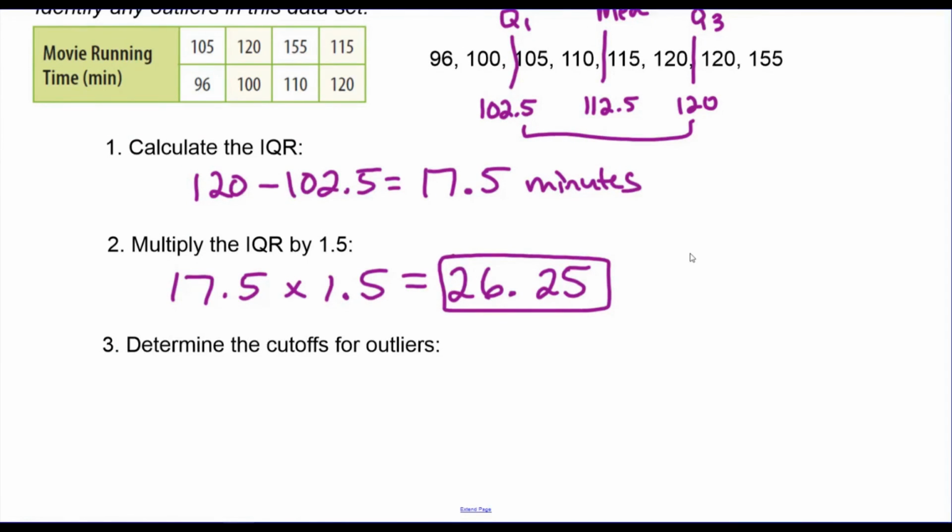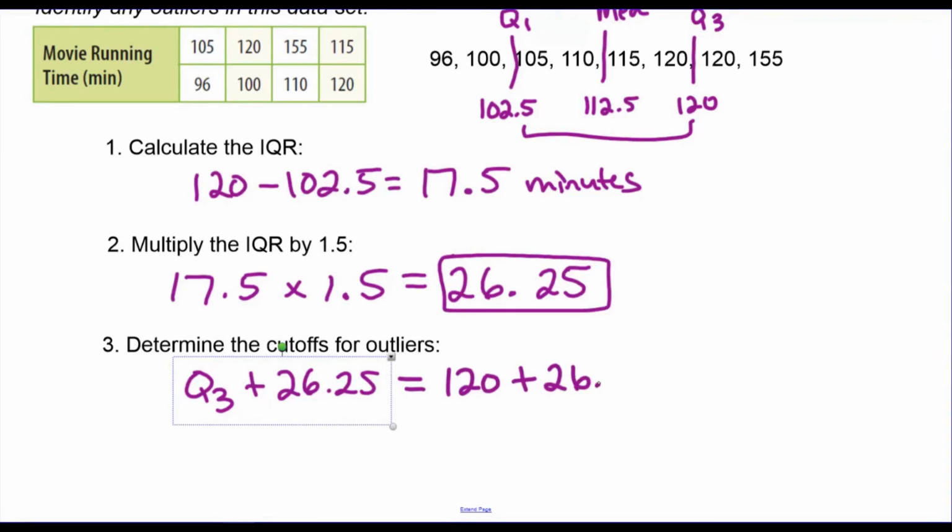So I need to find my cutoffs for that. So I'm going to take Q3 plus that 26.25, and Q3 is 120. So 120 plus 26.25 is 146.25. So any data value that is greater than 146.25 minutes is going to be considered an outlier.